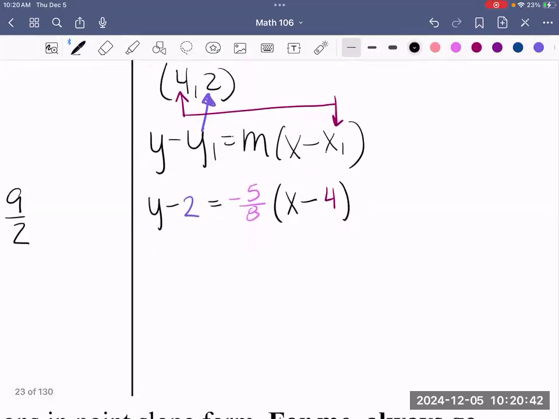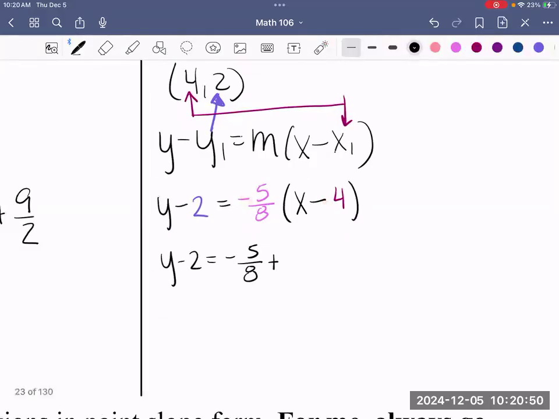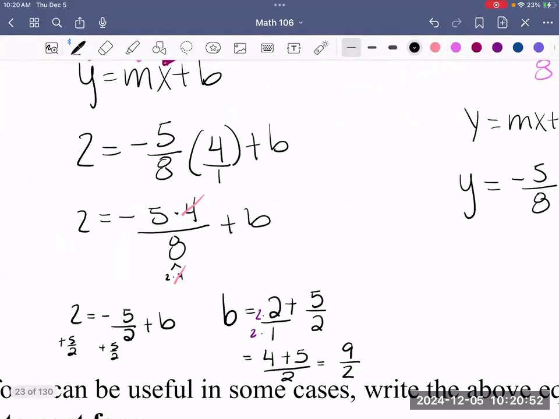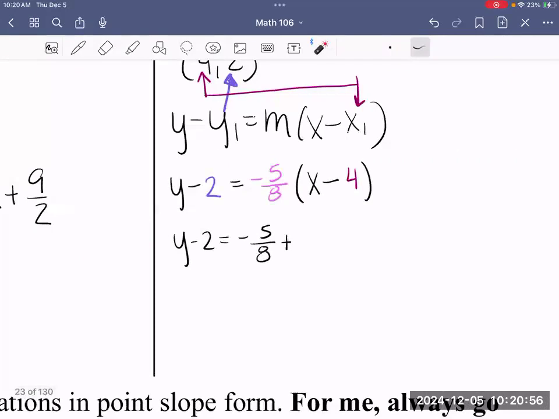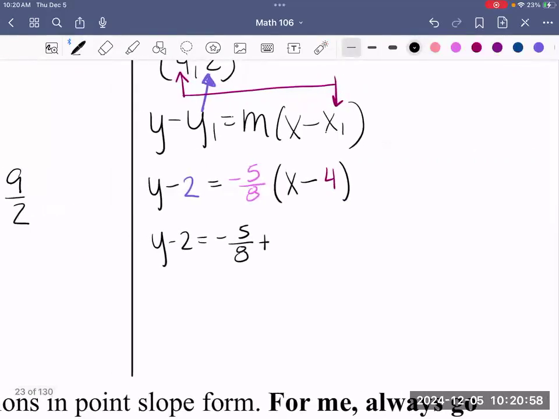Let's distribute first. Negative 5 over 8 times x plus, because of that double negative. And now let's say I didn't know that this part could reduce like that, and instead I just multiplied straight across. So 5 times 4 is 20 over 8.